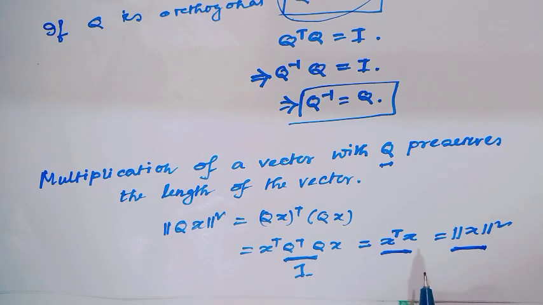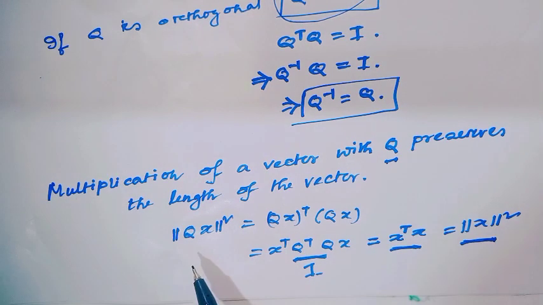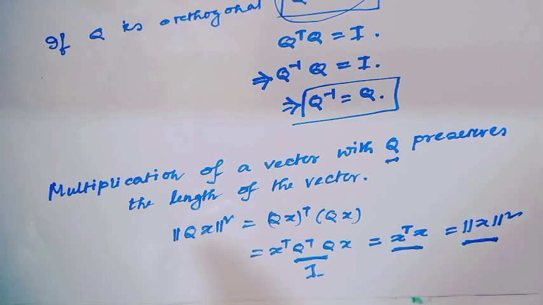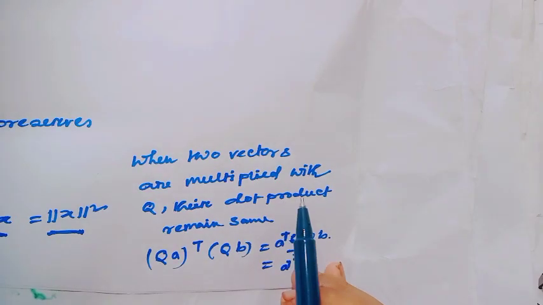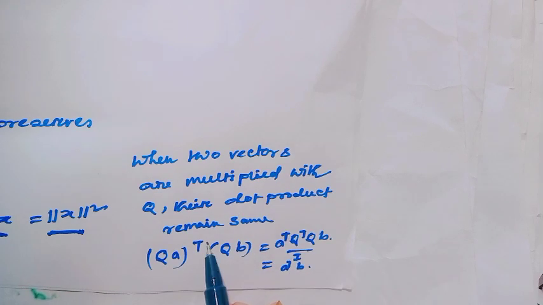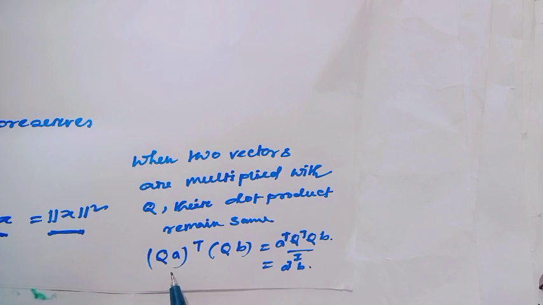Notice, when a vector is multiplied by the orthogonal matrix Q, the length remains the same. And when two vectors are multiplied with Q, their dot product always remains the same. The notation is (QA) transpose QB. Obviously this is A transpose Q transpose QB.